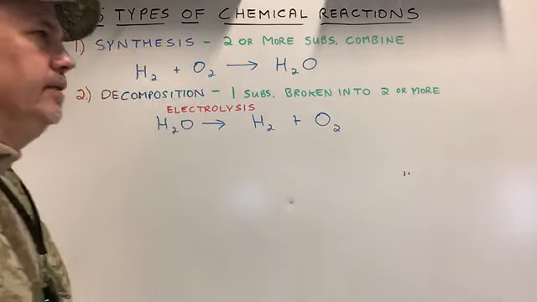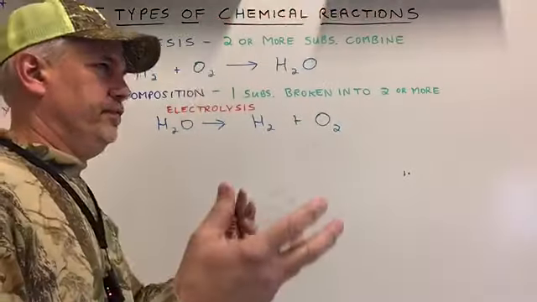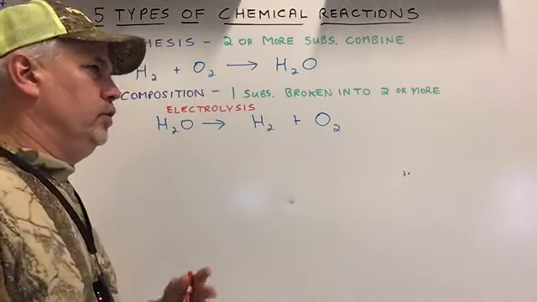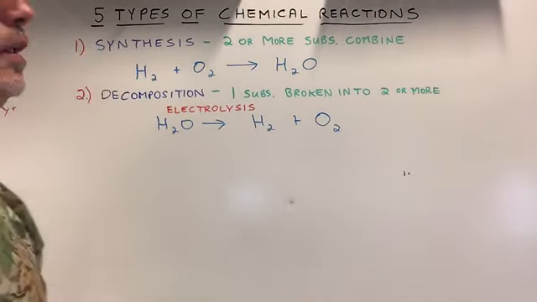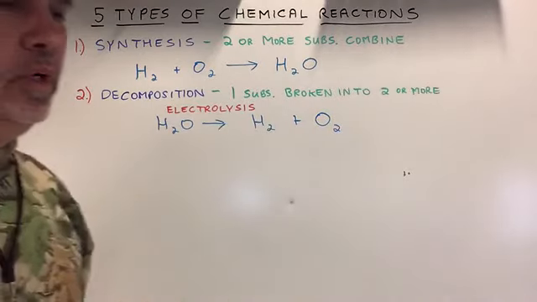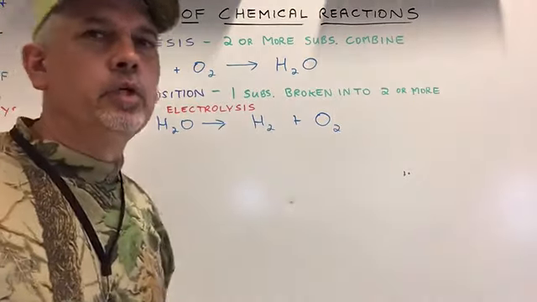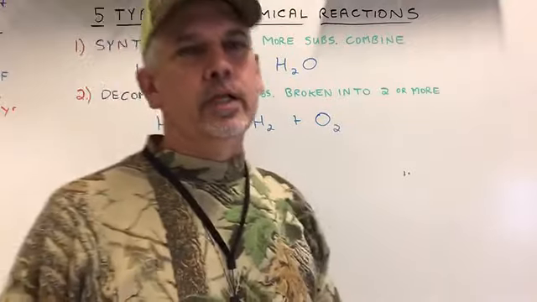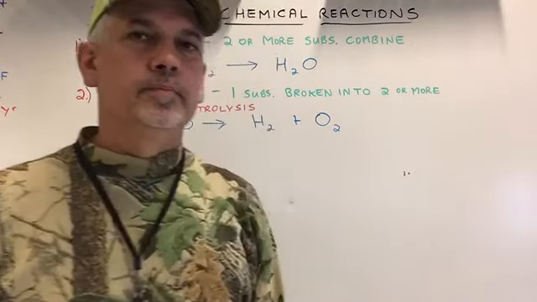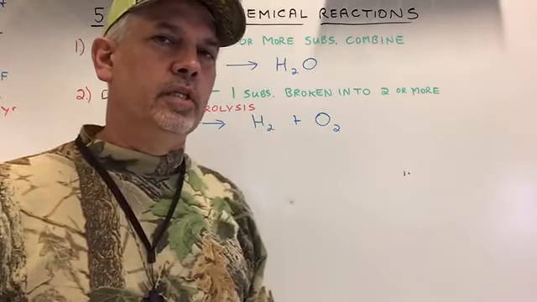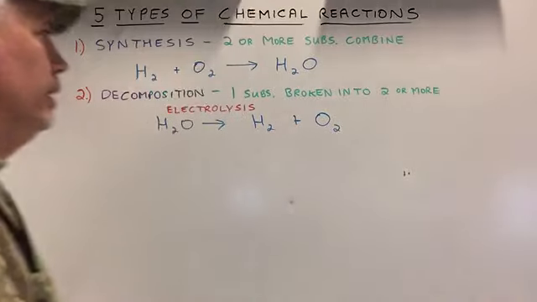You've got light coming into the plant, into the chloroplast, triggering a reaction between the carbon dioxide and the water, and making glucose. And of course, oxygen is another byproduct. But you've got the 2 substances there making something more complex, the glucose.